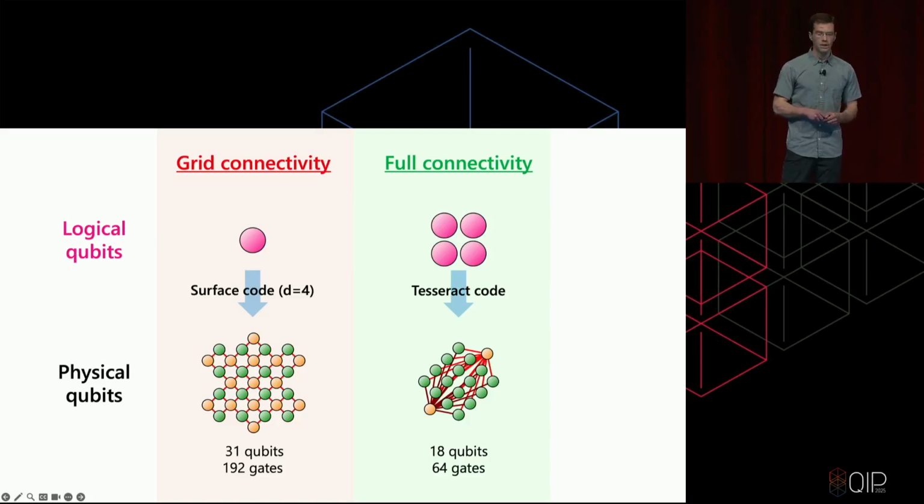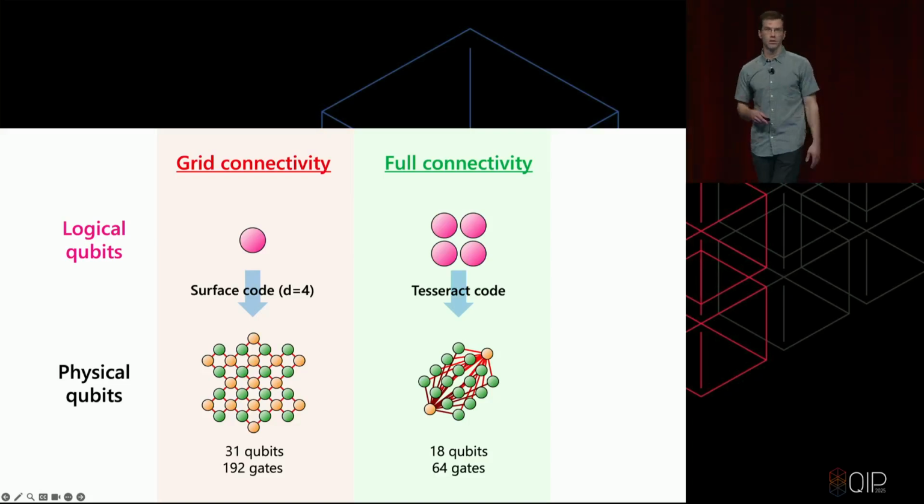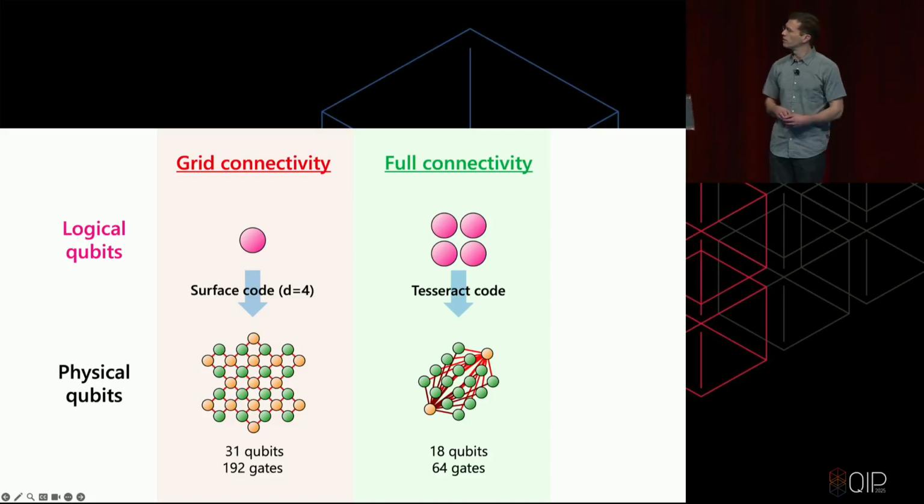The tesseract code, on the other hand, uses 18 physical qubits to represent 4 logical qubits. So it's about 6 times more efficient in terms of qubit overhead per logical qubit. The number of gates is about 1/3 the number of gates per round of error correction. So again, when you have higher connectivity, you're able to use much more efficient codes, and this is quite beneficial.